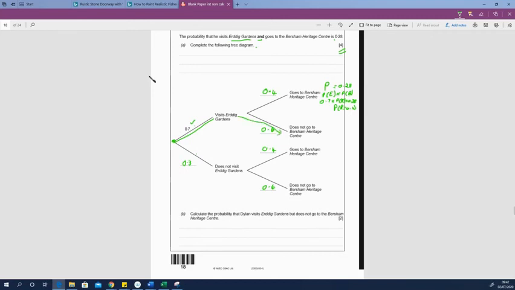So it's 0.7, the probability of him going to Erddig Gardens, and he doesn't go to Bersham Centre, so it's times 0.6. 0.7 times 0.6 is equal to 0.42.